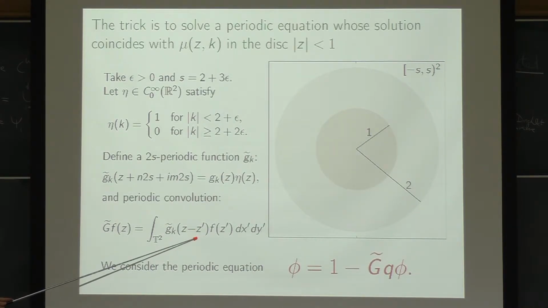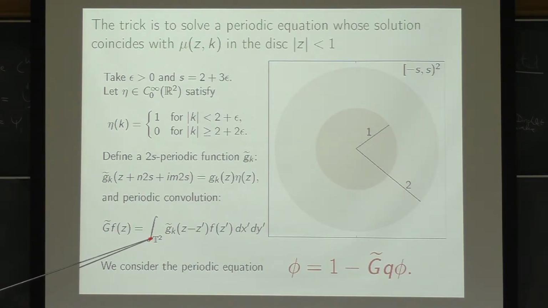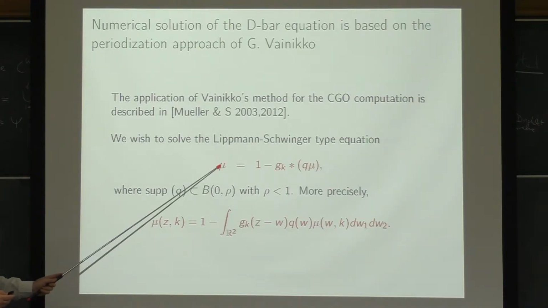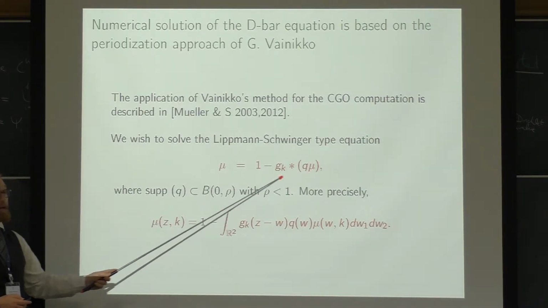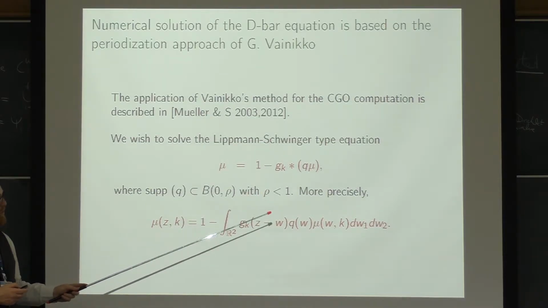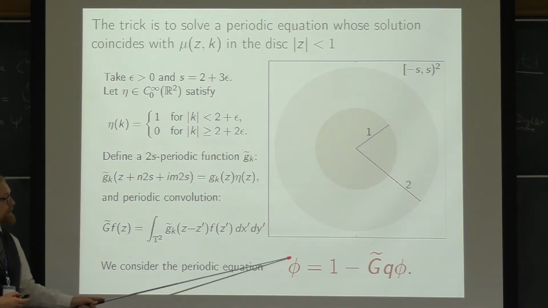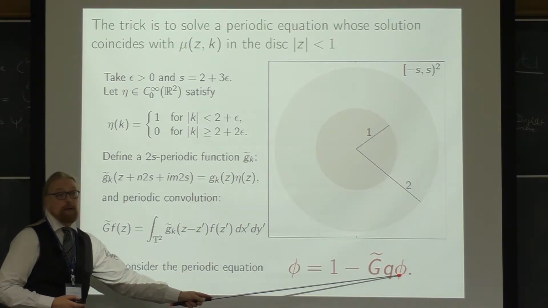And then we can define periodic convolution, where actually this integration is not over R2, but over the torus. So now instead of this equation, which is defined in R2, we actually look at this equation, which is defined for periodic functions.